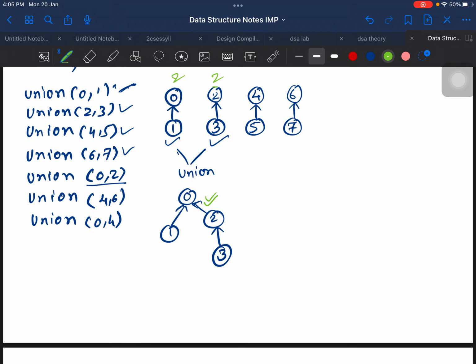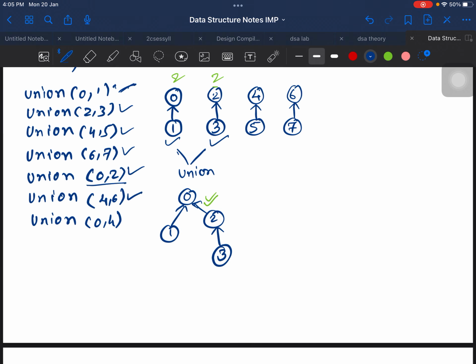It means both trees have the same weight, so you can make any element the parent. Here I am making 0 the parent. Now guys, this is done, 0 2 is done.